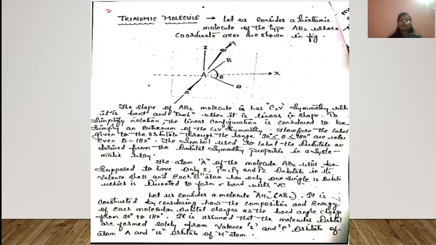To simplify, an extremum of the C2v symmetry, therefore the label which is given here from 90 degrees to 180 degrees or 180 to 90 degrees are related to each other, and through this we can explain the shape of the molecules in bent planar also or in linear also.